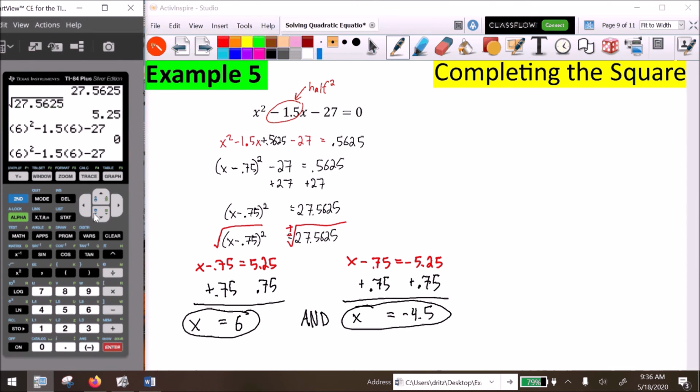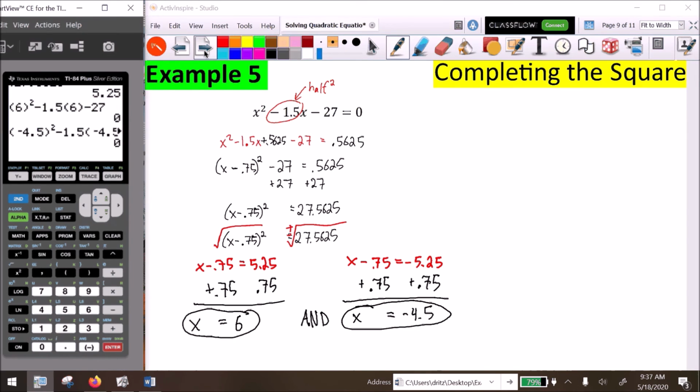I have to put a negative 4.5 in there. When I hit enter, it should also tell me equals 0. It should also work. And it does. So our answers are correct.